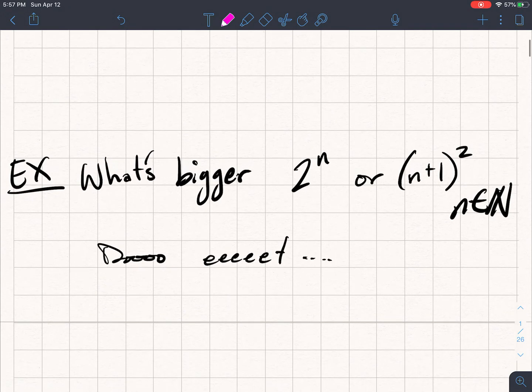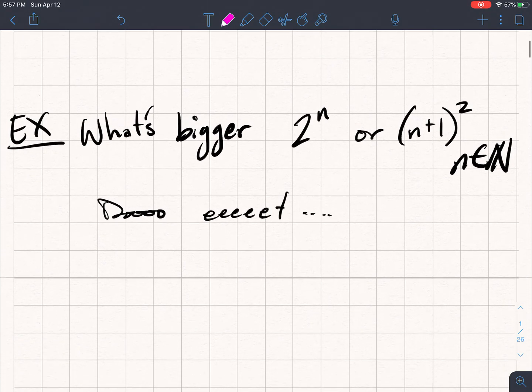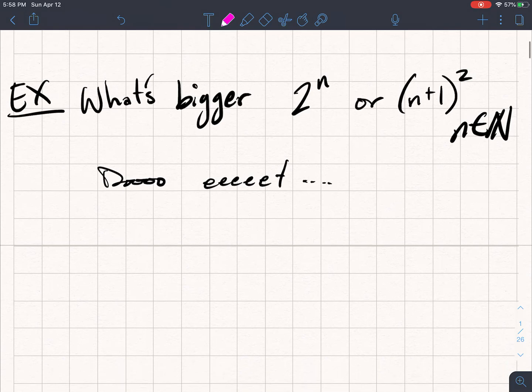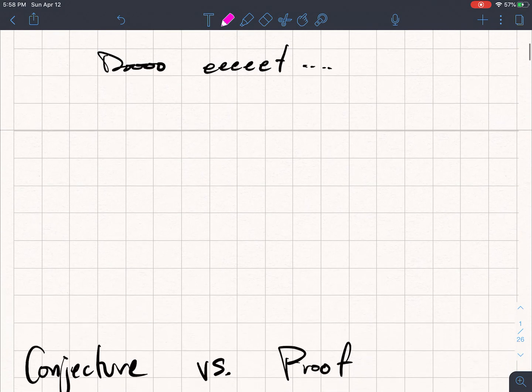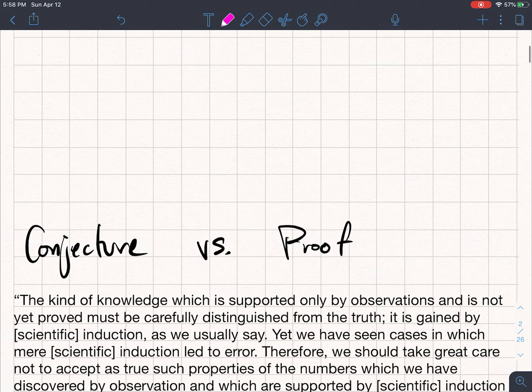All right, welcome back. Again, probably what you did is you said let n be 1, and then you did 2 to the power of 1, and then you did 1 plus 1 squared, and so it was bigger, and then you said let n be 2, let n be 3, let n be 4, and so on, and tried to figure out which expression was bigger. Here's the thing, though.